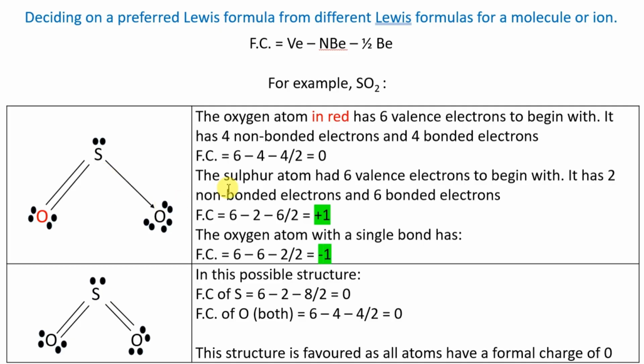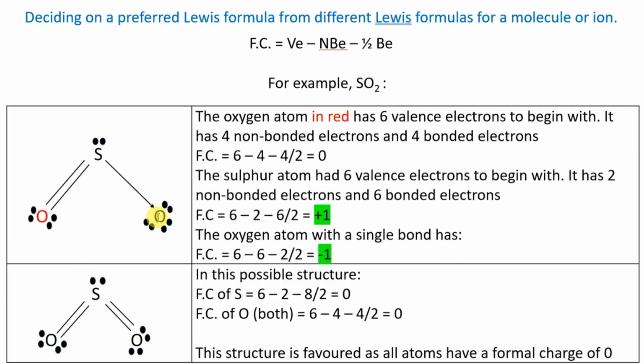Sulfur atom. Again, group 16. 6 valence electrons to begin with, 2 non-bonded electrons as we see in the Lewis structure, and 6 bonded electrons. A double bond and 1 single. 3 bonds, 6 bonded electrons. Formal charge: 6 valence electrons minus 2 non-bonded electrons minus 6 over 2 bonded electrons comes to plus 1.